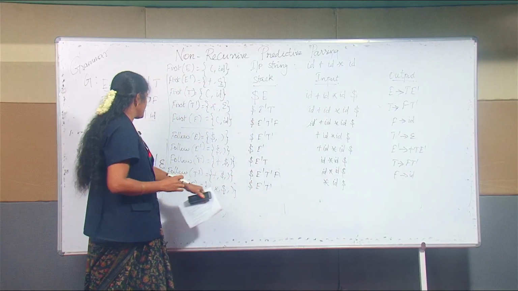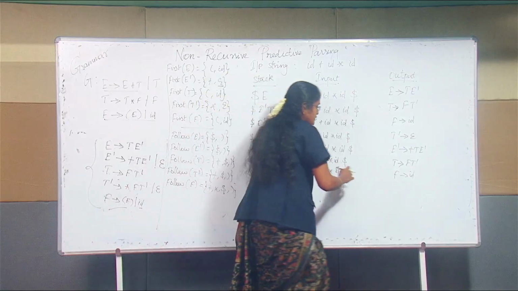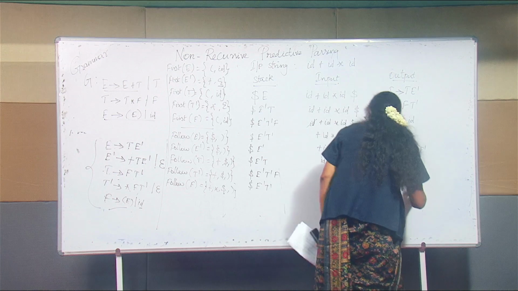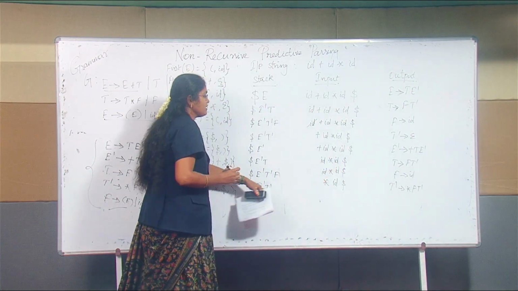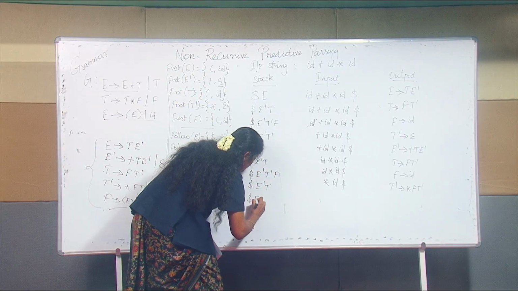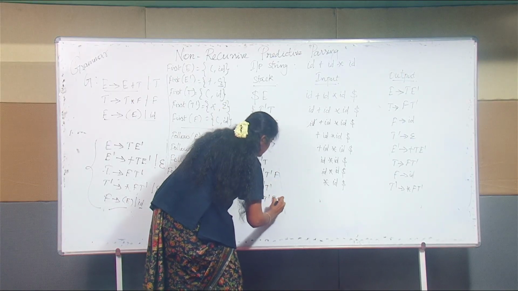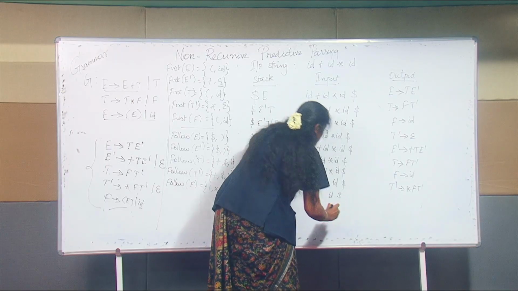So for this T dash, in the parsing table for star we have T dash tends to star F T dash. Okay. So after replacing this element, E dash T dash F. Okay. Then the star will be removed, ID remains in the input.